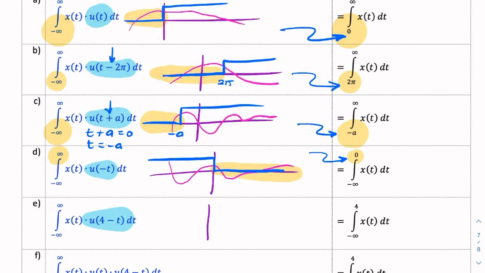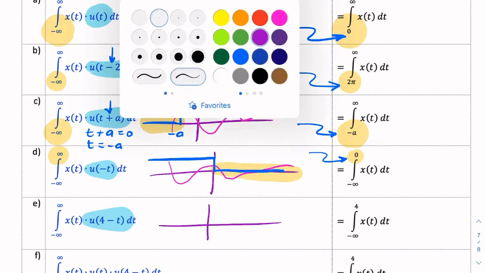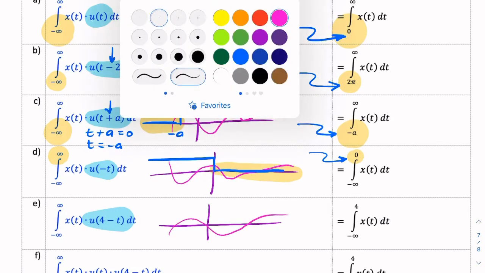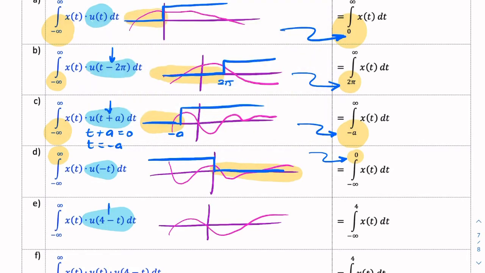Next question is similar, but this time we have a reversed and shifted unit step. So if you solve that, we have the unit step becoming non-zero at t equals 4.